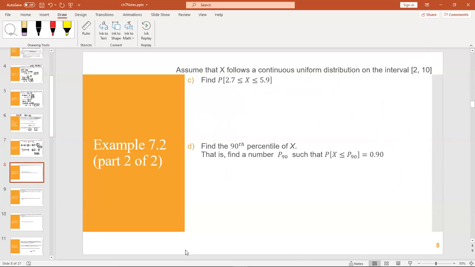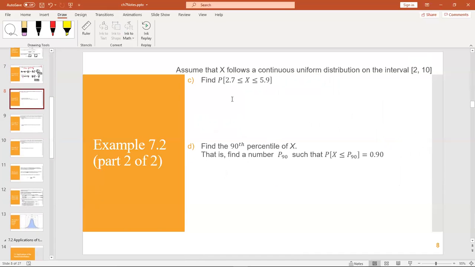Here's another one. This time they do give me directly the two numbers that we're interested in. So the low end is A, the high end is B. And again, we're going to do B minus A divided by D minus C. That one is C, that one is D. So this is 5.9 minus 2.7 all over 10 minus 2.